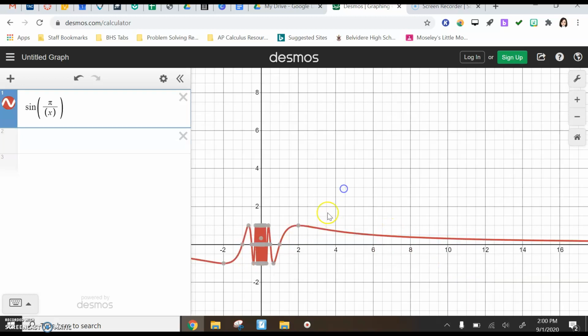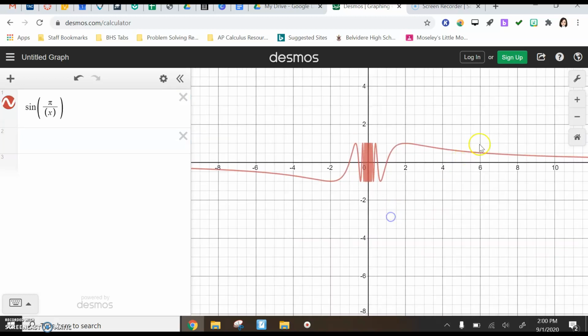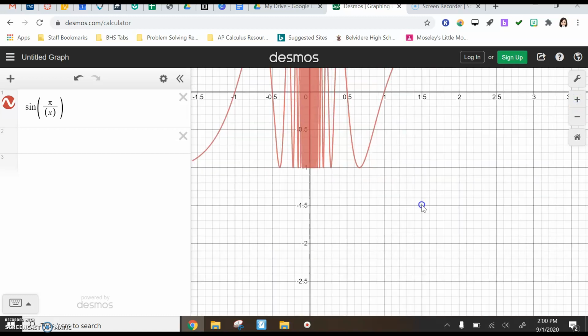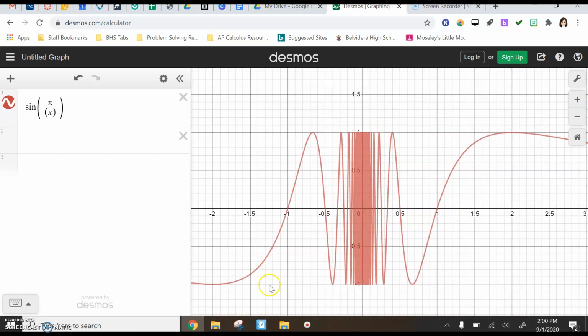And you'll see here, zooming in, that our function is oscillating back and forth. So it goes to 1, down to -1, and it begins oscillating more rapidly as we get closer and closer to 0. In this case, because it's oscillating back and forth so quickly, this limit does not exist.